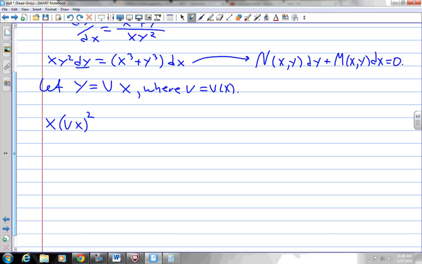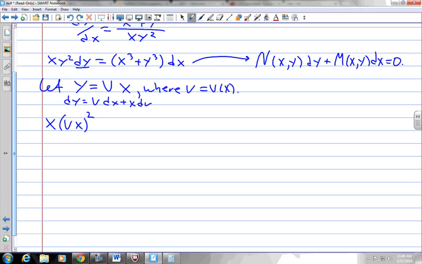Now instead of dy, if y is vx, then dy would be v dx plus x dv. I'll have to use a product rule of sorts, because v and x are both functions.